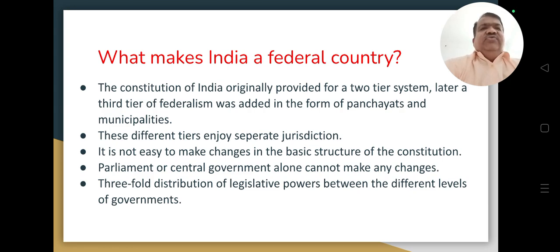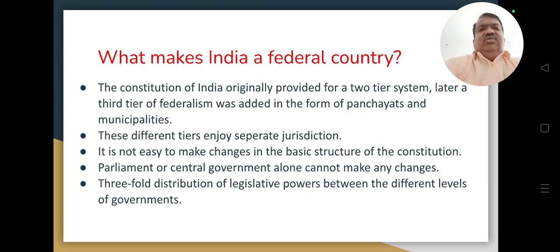It is not easy to make changes in the basic structure of the constitution by one level of the government. Parliament or central government alone cannot make any changes in the constitution by itself.